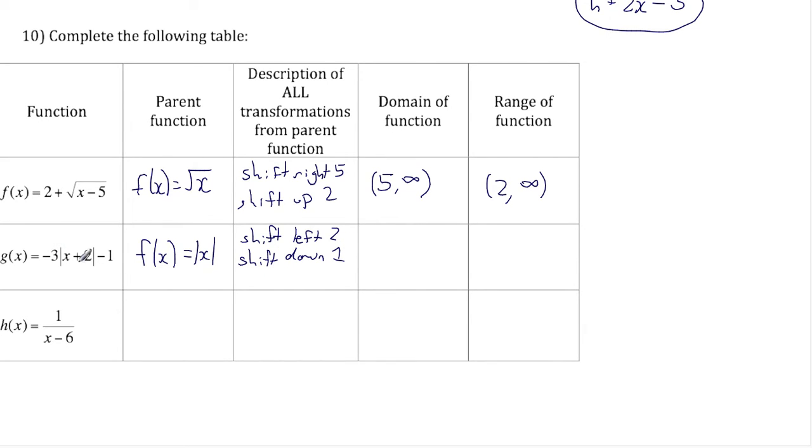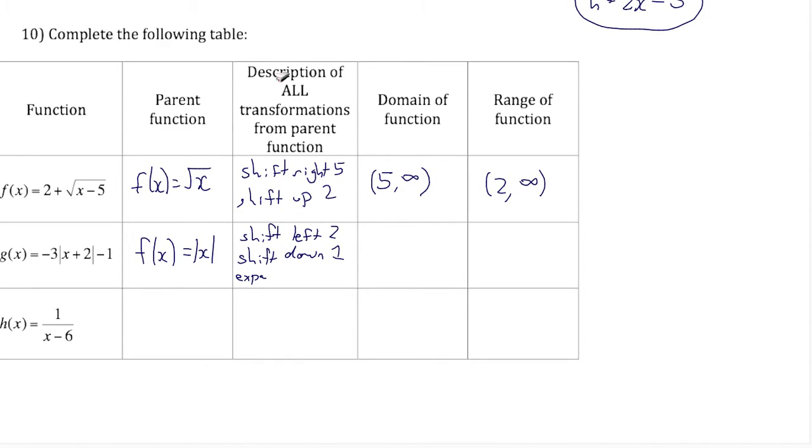And here, remember, if it's a fraction, we're going to shrink. Here, oh, what was the word we used in class? Expand. Whatever, we'll say expand. Stretch, that's the word. Stretch Armstrong.